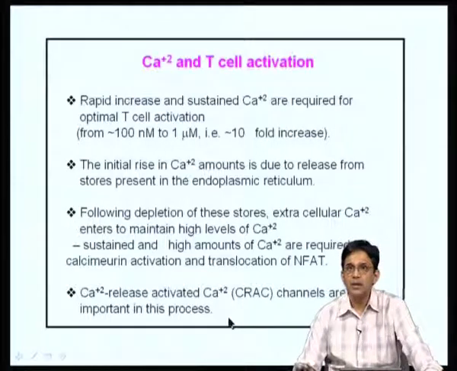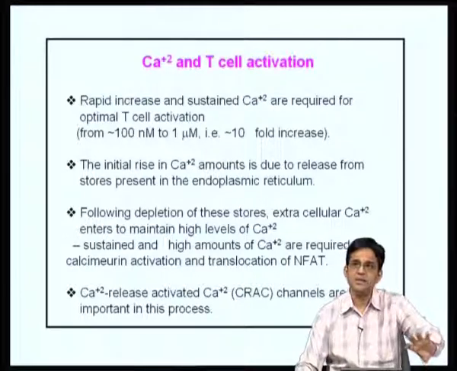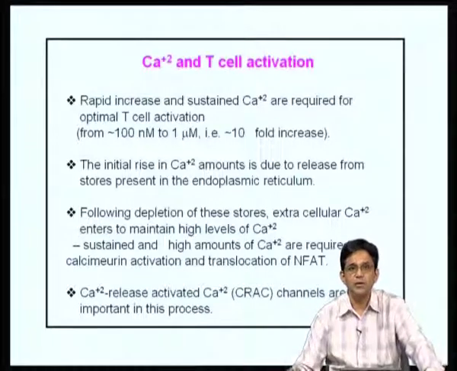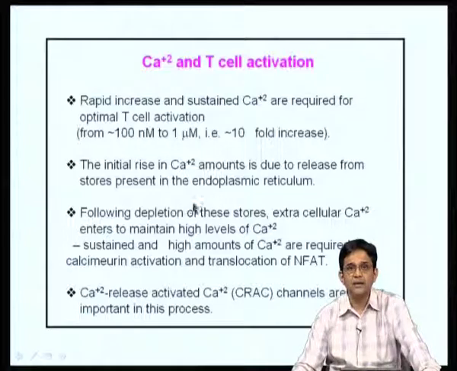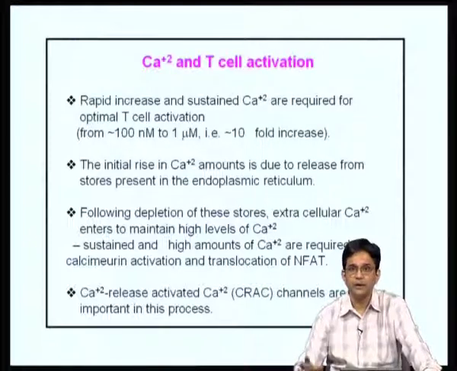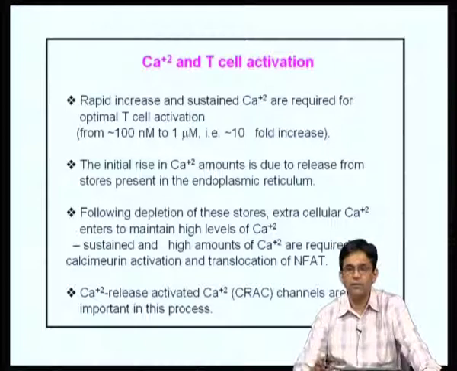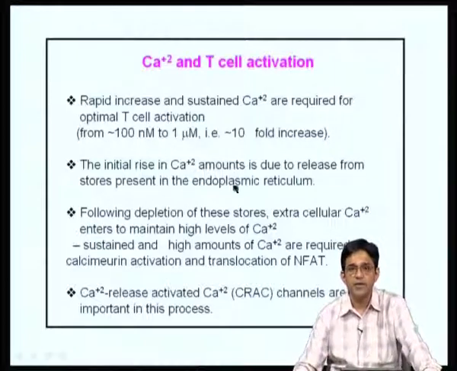Now, calcium is a very important component in T cell activation. Under normal circumstances, the amount of intracellular calcium is about 100 nanomolar or so. Once T cells are activated, it rises very quickly to about 1 micromolar, and this initial rise in calcium is due to release from the stores in the endoplasmic reticulum.